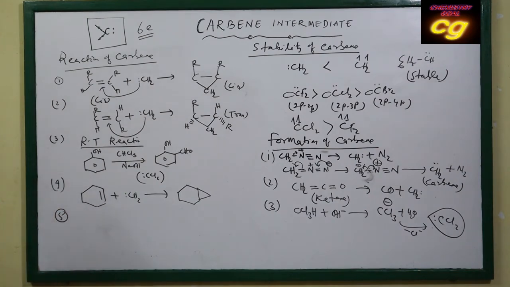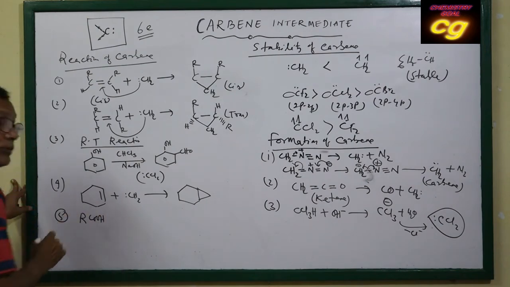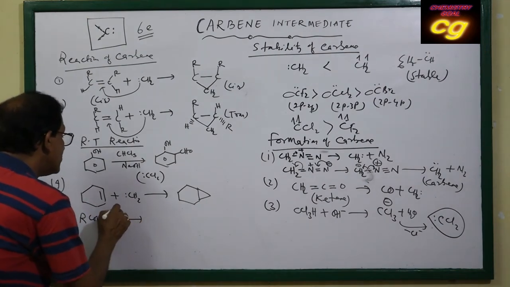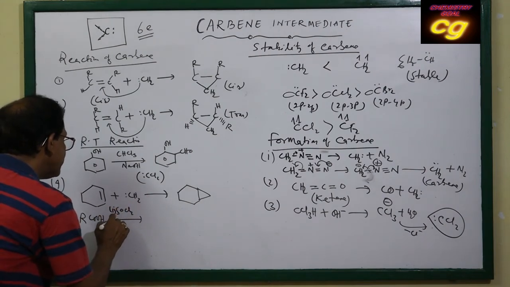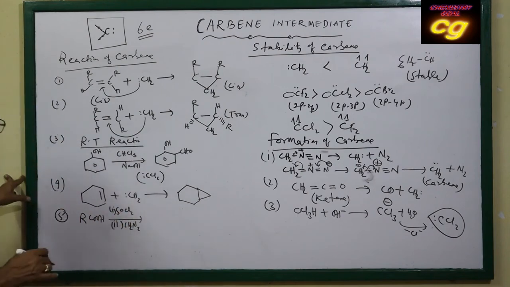Then in some cases, a higher acid is produced. Suppose you take one acid; a higher member of the acid can be produced using carbene. This is treated with SOCl2 in the first step, and in the second step with CH2N2, diazomethane.